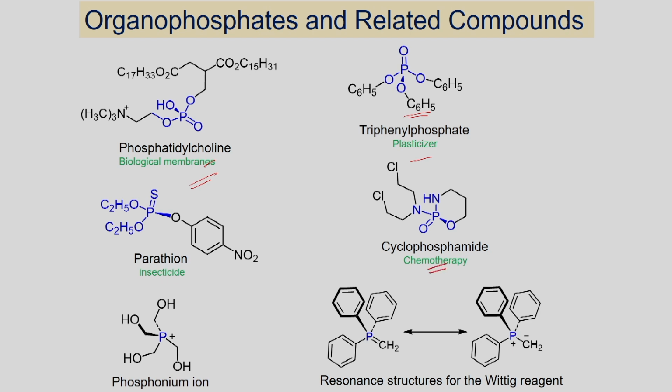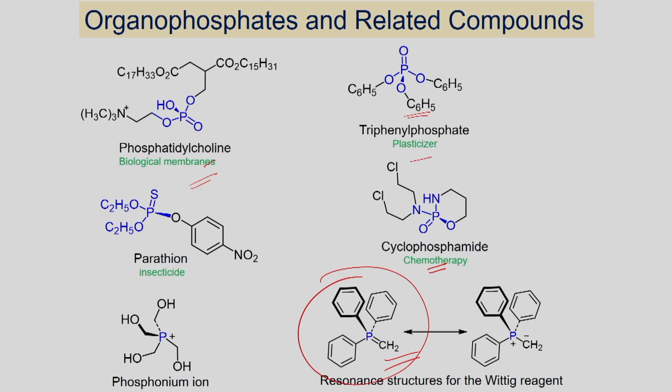And this compound, which has phosphorus-oxygen and phosphorus-nitrogen bonds, we use in chemotherapy, and this is a phosphonium ion, and this is an ylide, and we will often see the utilization of this reagent for olefin formation.